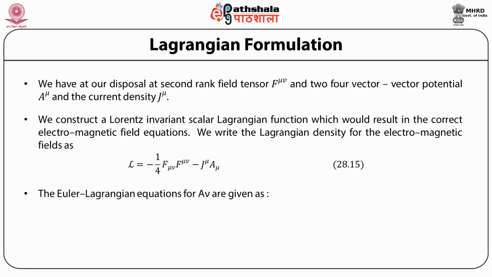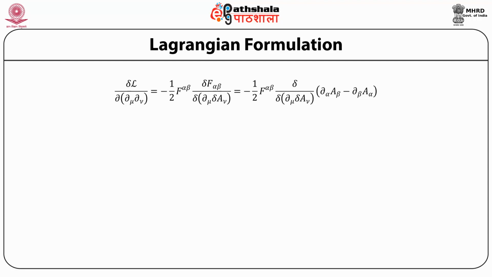The Euler-Lagrange equations for A_ν are given as ∂_μ(∂L/∂(∂_μ A_ν)) − ∂L/∂A_ν = 0, or ∂L/∂A_ν equals J^ν. ∂L/∂(∂_μ A_ν) is equal to −1/2 F^αβ ∂F_αβ/∂(∂_μ A_ν), which equals −1/2 F^αβ ∂(∂_α A_β − ∂_β A_α)/∂(∂_μ A_ν).